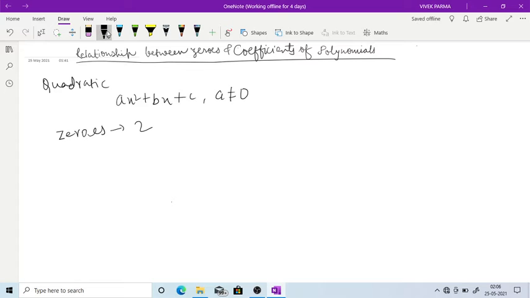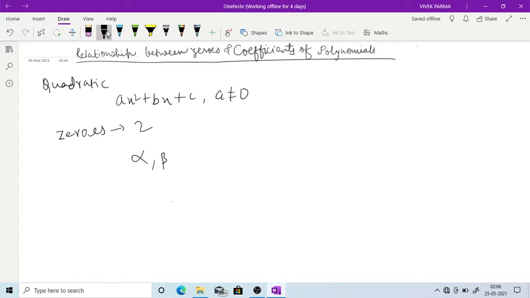So if we say alpha and beta are the two zeros of this quadratic, how will we see the relationship between these zeros and the coefficients?